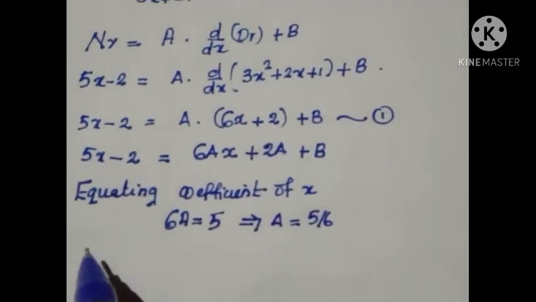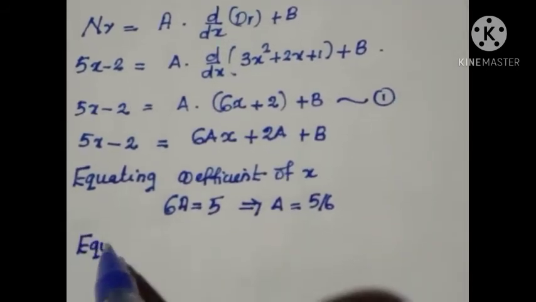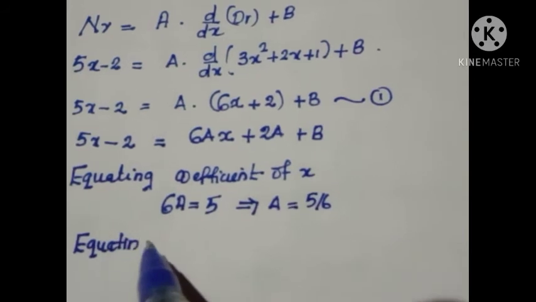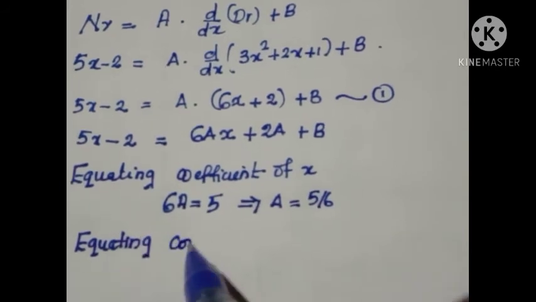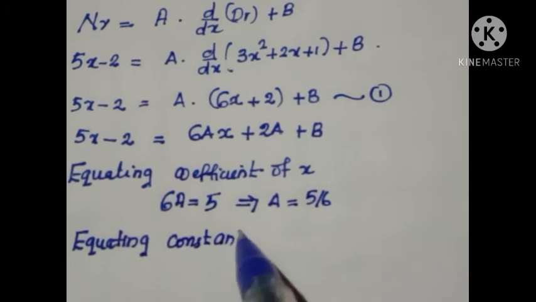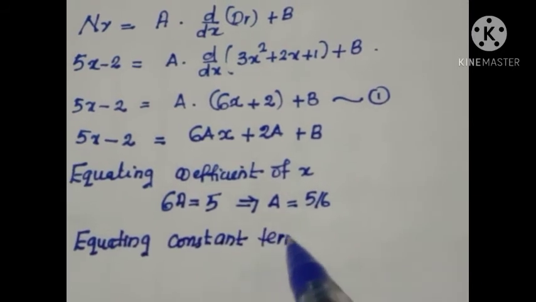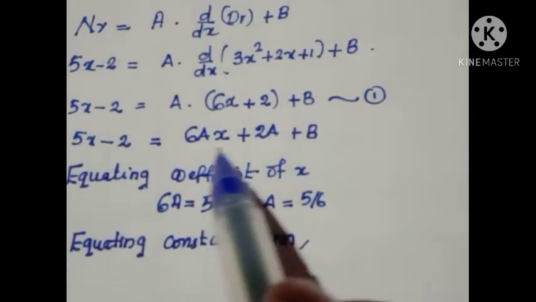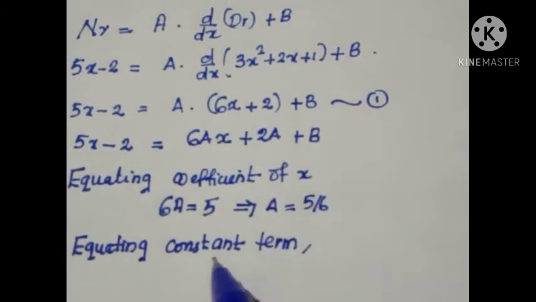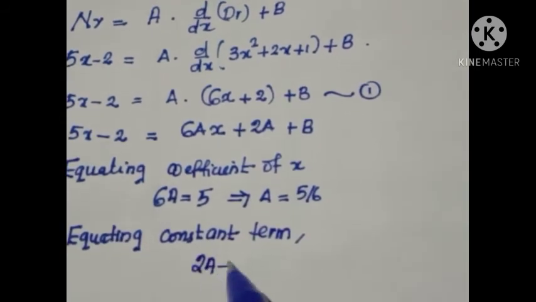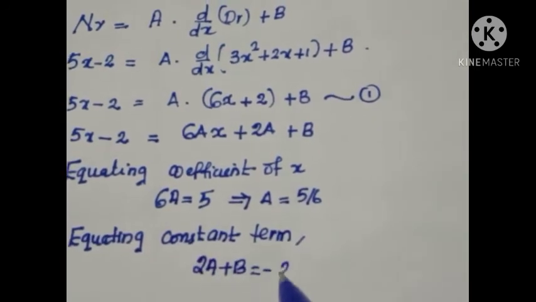Now there is no x term, only the constant term. So equating constant terms, we get here −2 and on the right 2a + b. So 2a + b equals −2.